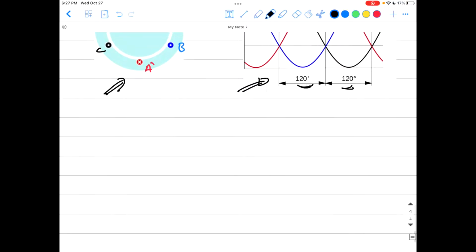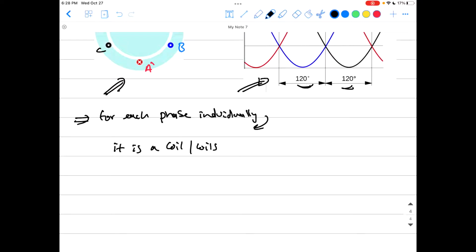Okay? So let me say this. For each phase individually, if I just take one of them, A, B, C, whatever you're taking, just one of them individually, that means it is a coil or coils connected in series, whatever it is, fed from a sinusoidal voltage source.